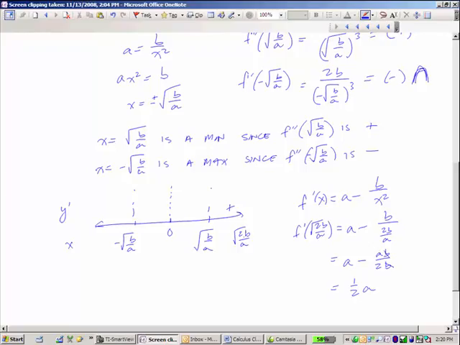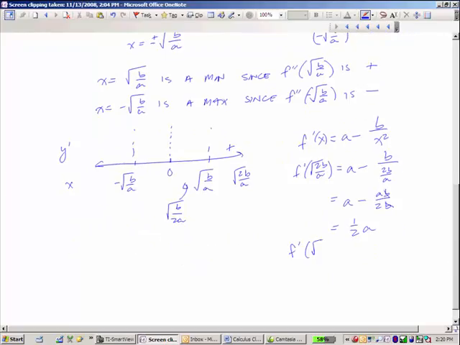So can anyone be clever and pick a number that's between... root b over 2a? If we double the denominator, it's going to make it smaller. Is that okay? All right. So if we plug in root b over 2a, this time we'd get a minus 2ab over b.